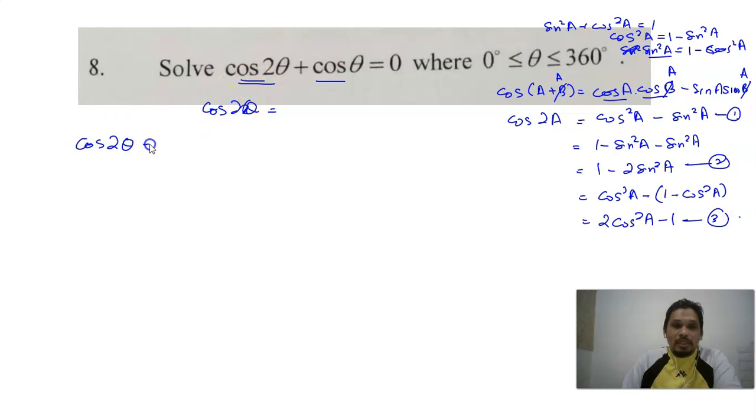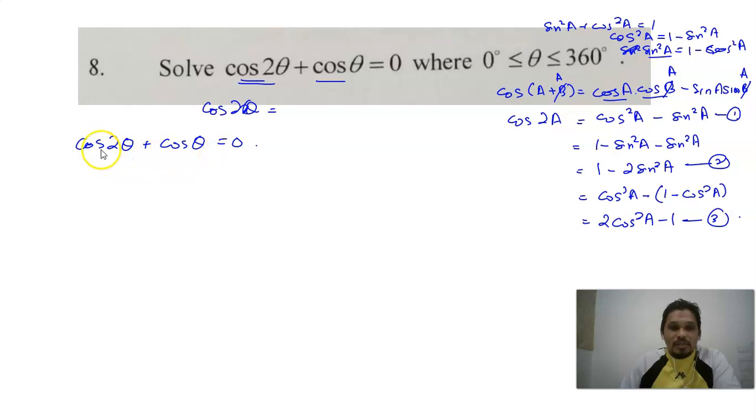Cos 2 theta plus cos theta equal to 0. This is an equation, and we need to elaborate that so that every single term of this equation will either be all with cos or all with sine.